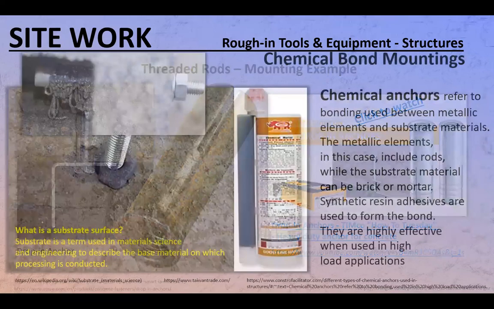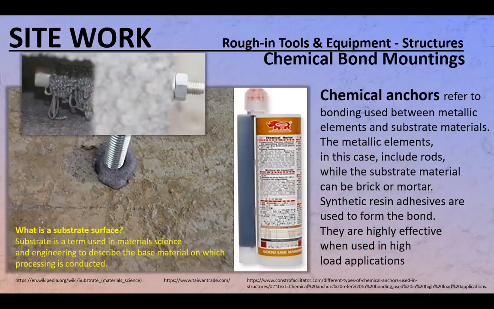Now, sometimes you can use something that's called a chemical bond. Especially quite often being used in the cinder blocks. Cinder blocks, the structure is a little bit different. And if you use the drop-in anchors or threaded rod hangers, they wiggle out, depending on what type of equipment needs to be hung there.